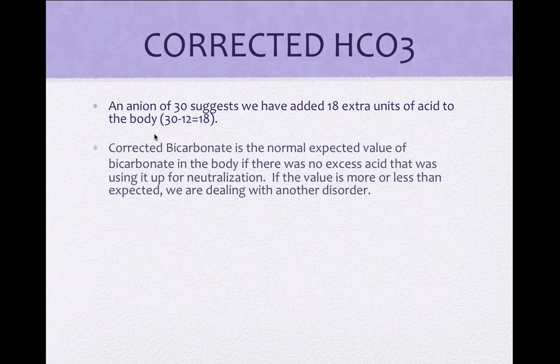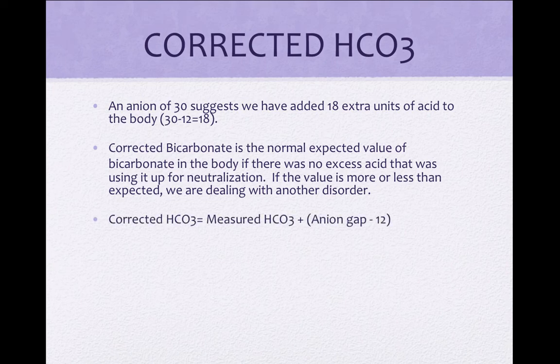Now, the corrected bicarbonate is the normal expected value of bicarbonate in the body if there was no excess acid that was using it up for neutralization. If the value is more or less than the expected value, which is 24, we are dealing with another disorder. We can use the following formula to identify these added disorders, which is the formula of corrected bicarbonate, which is the measured bicarbonate plus the anion gap minus 12.